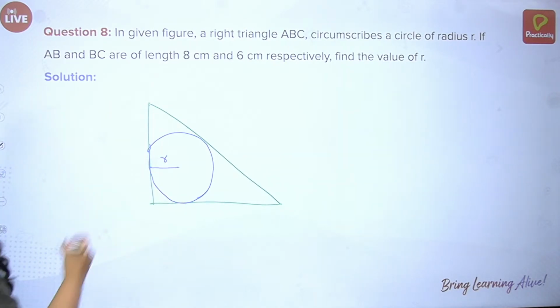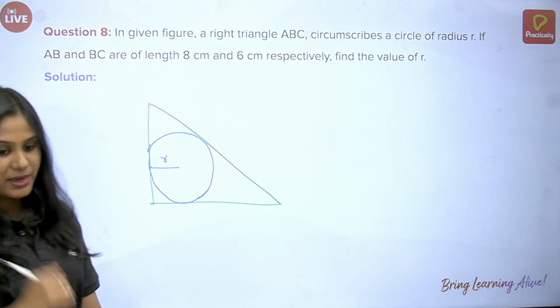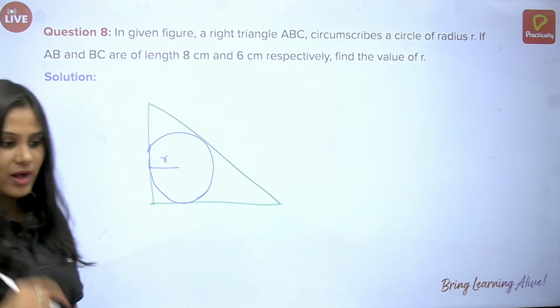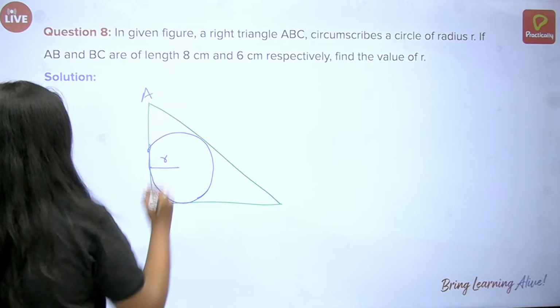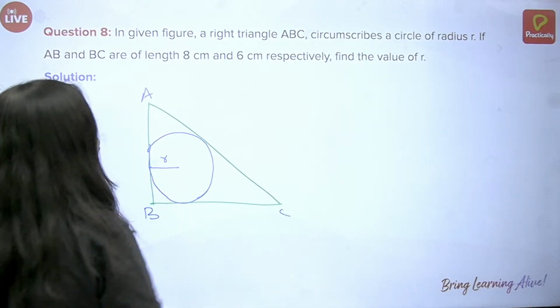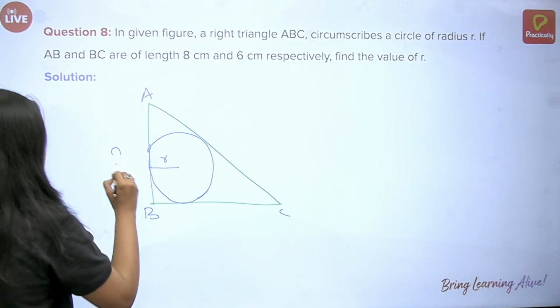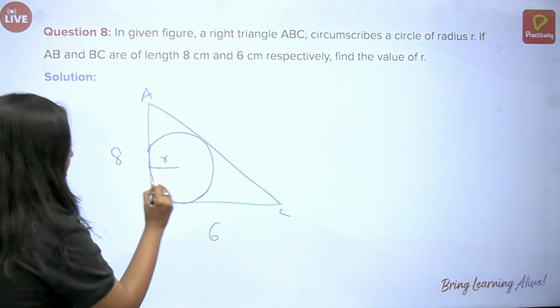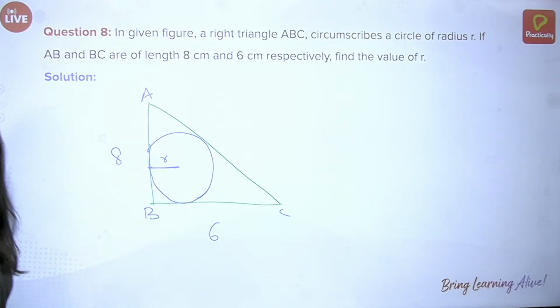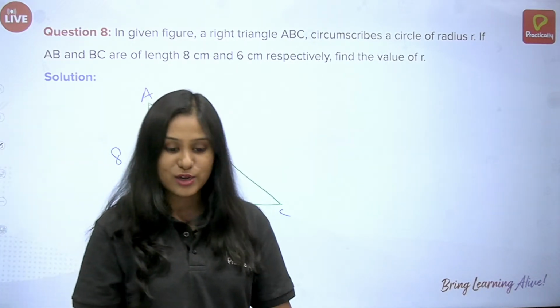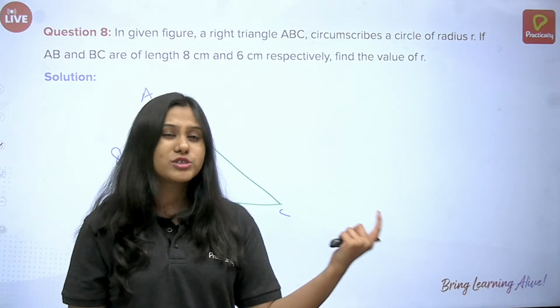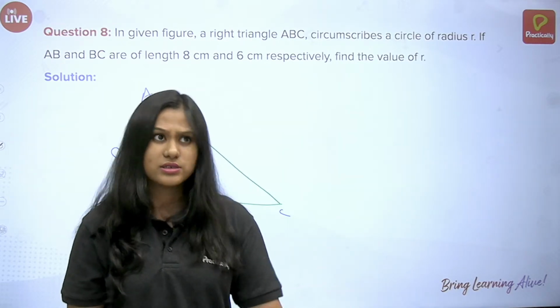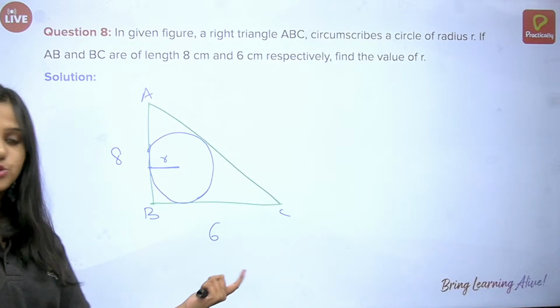If AB and BC are lengths 8 centimeters and 6 centimeters respectively, find the value of r. ABC is right angled, that we know. Now, we have to find r. Can anyone find and tell me the value of r? Because this is one of the most repeated questions in class 10 board exams. So, try and do it.